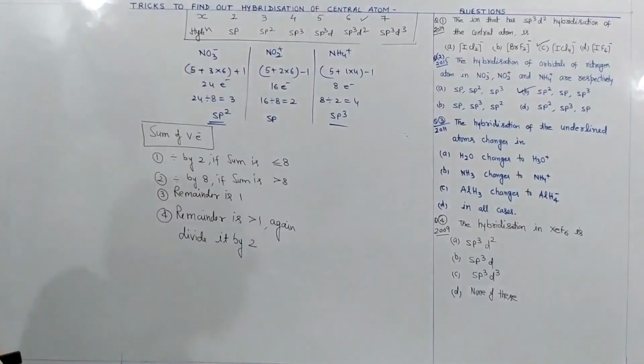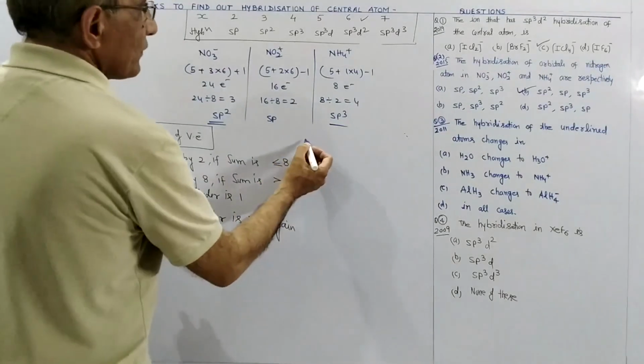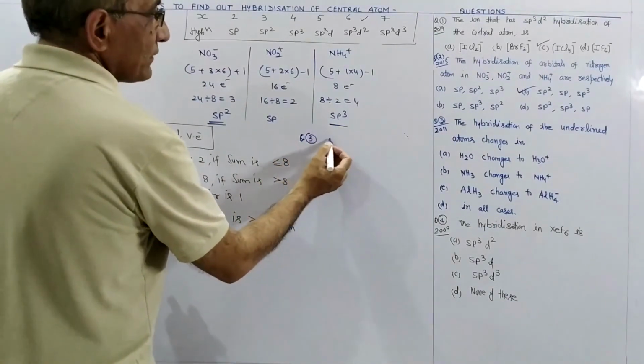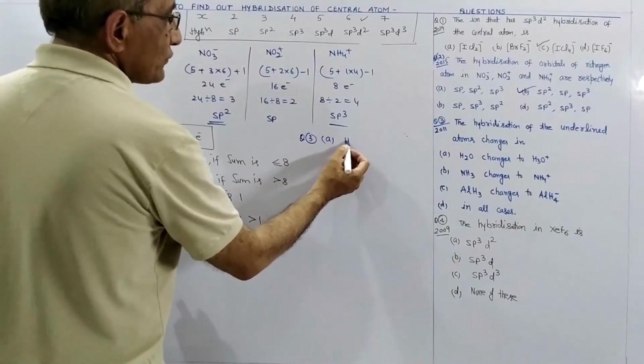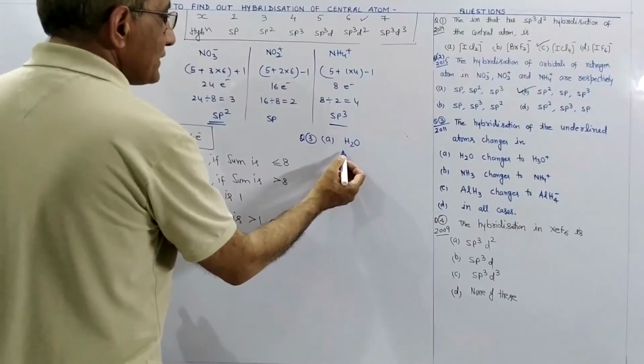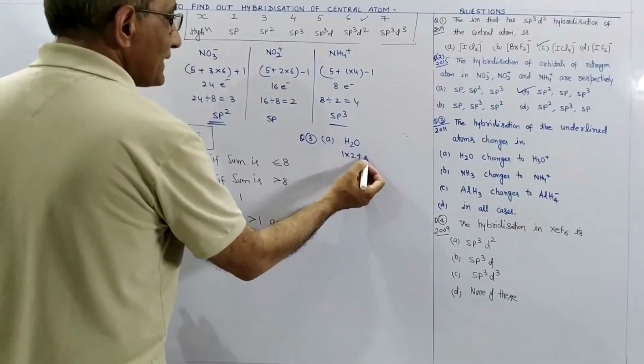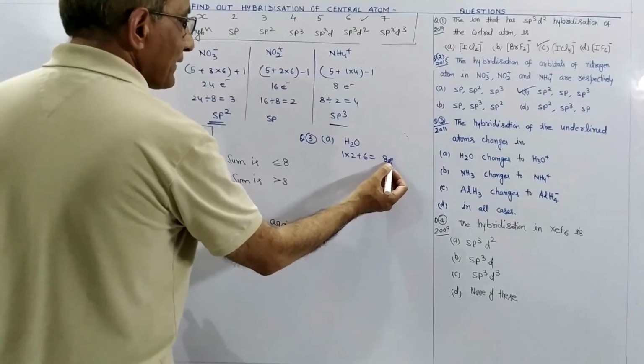Now third question is: the hybridization of underlined atoms changes in which? We have to find out hybridization, whether it is changing or not changing. Question 3, A part. H2O. Hybridization is 1 into 2, oxygen valence electrons 6, 8 electrons.